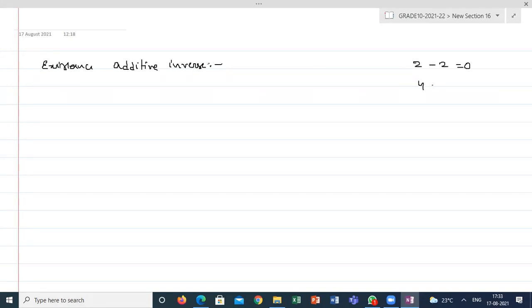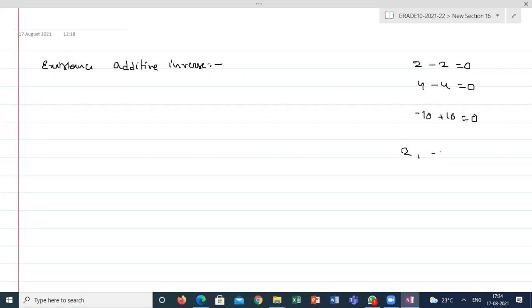Additive inverse of 4? -4. Additive inverse of -10 is 10. So in natural numbers, additive inverse is not possible, but in integers, additive inverse is possible, correct? Existence of the additive inverse in natural numbers is not there. Am I right or wrong?